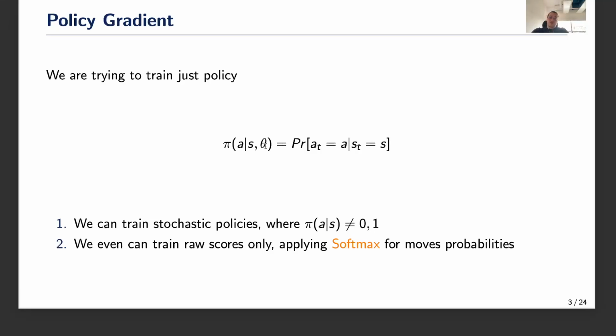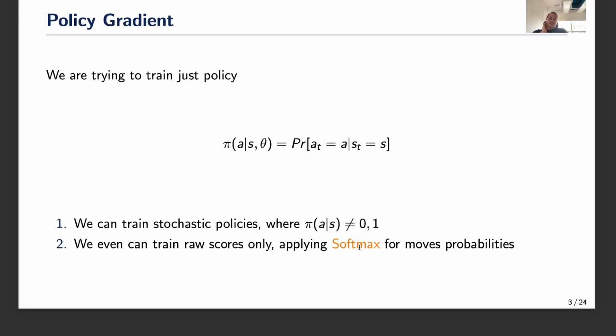In practice, how do we implement a stochastic policy? Usually, we don't try to directly output probabilities from the neural network. Instead, we just let the network output raw scores for each possible action, also called logits. Then we pass these logits through a softmax function. This function transforms the scores into a proper probability distribution. So the probability would be given by the softmax formula, which I hope you know.